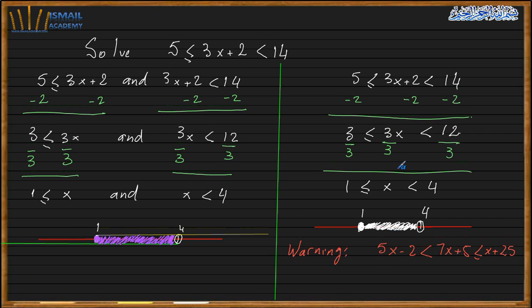You're going to go nowhere. It's like you're rotating. So that's about that type of inequality. So let me show you the second.